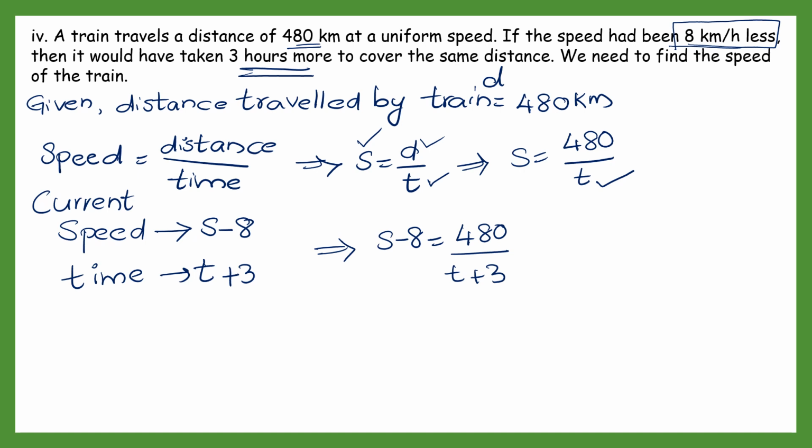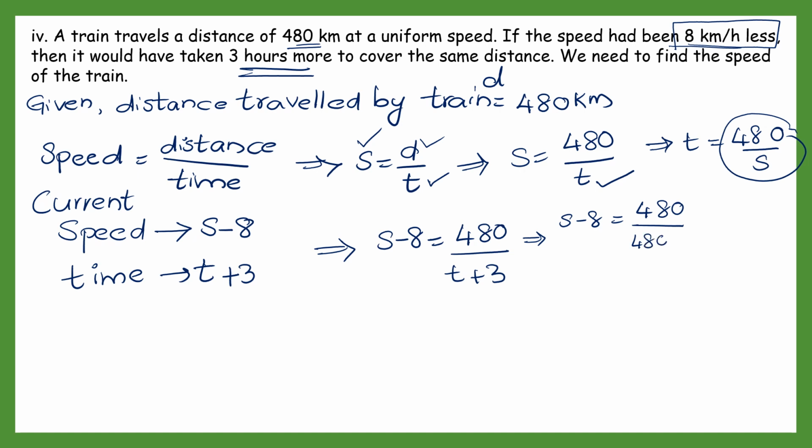Okay. Here, if you observe, T is what? T is 480 by S. Okay. Let us substitute the value of T here. S minus 8 is equal to 480 by T, and T is what? 480 by S, plus 3.